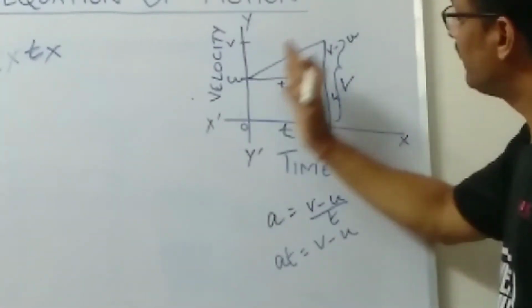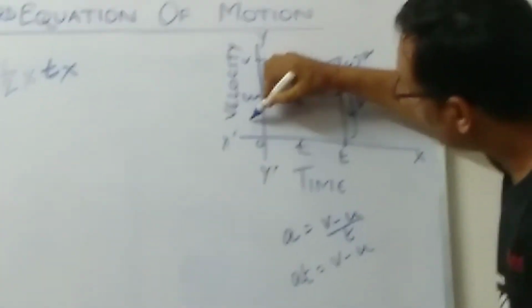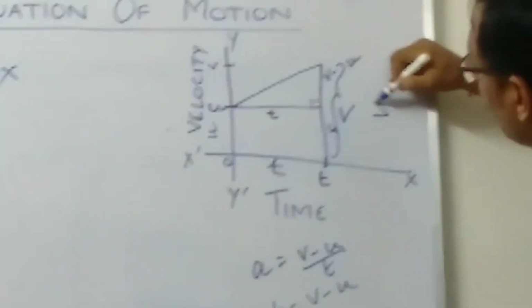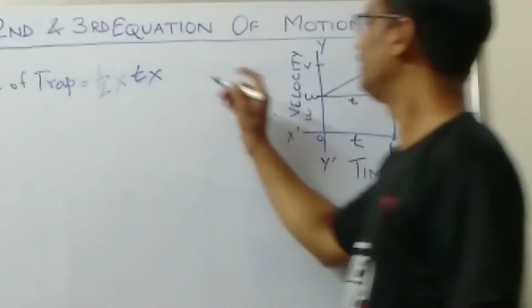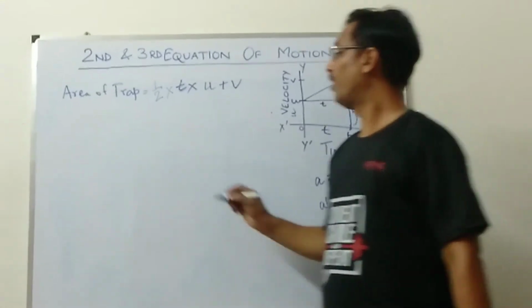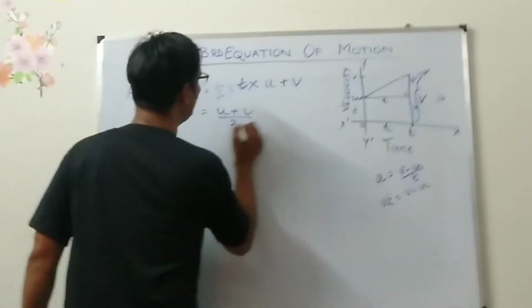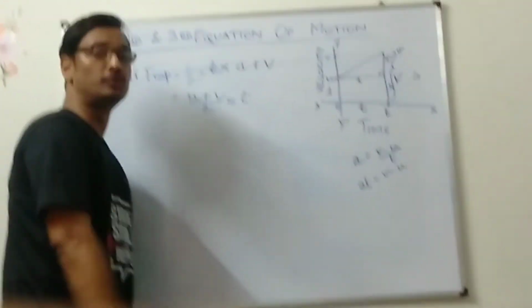This is one side and this is another side. The length of this one is u and the length of this line is v. So the sum of these two sides is u plus v. Or you can write it like this: u plus v by 2 into t.